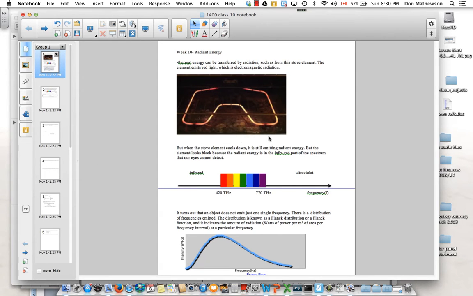So, that most common frequency, that peak of the distribution, is actually proportional to the temperature of the object. There's a principle known as Wien's law, which says that the maximum frequency is a constant times the absolute temperature. By absolute temperature, we mean the temperature in degrees Kelvin.